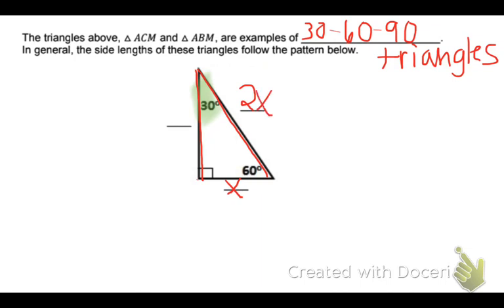So that just means whatever length that this side was, or the one across from a 30-degree angle, the hypotenuse is always going to be that multiplied by 2. Always. In a 30, 60, 90 triangle. And then the side across from your 60-degree angle is always going to be x root 3. So whatever this side was across from the 30-degree angle, this side we get it by multiplying that by root 3. So similar to the x, and x root 2 from the 45, 45, 90, we just use this pattern in the same way. This time the values are just a little different.